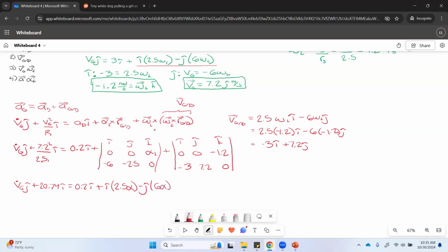And then the K hat is 0 because everything's times 0.